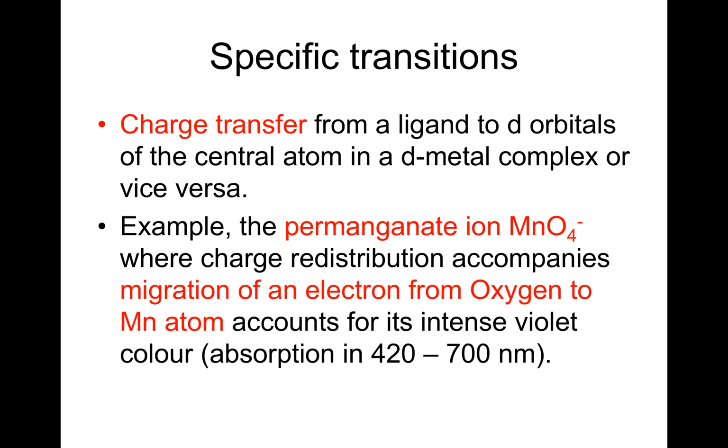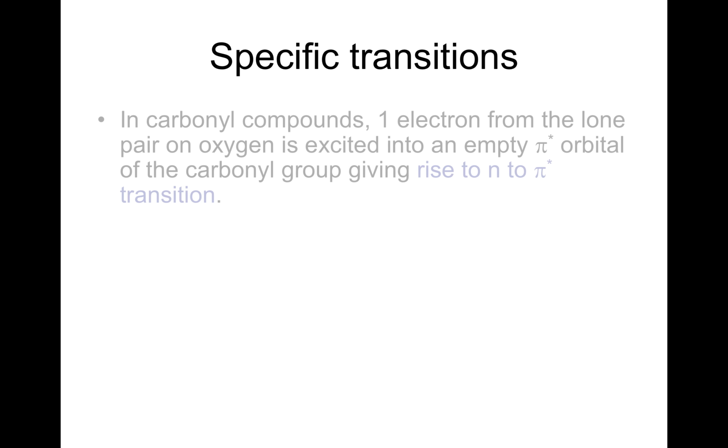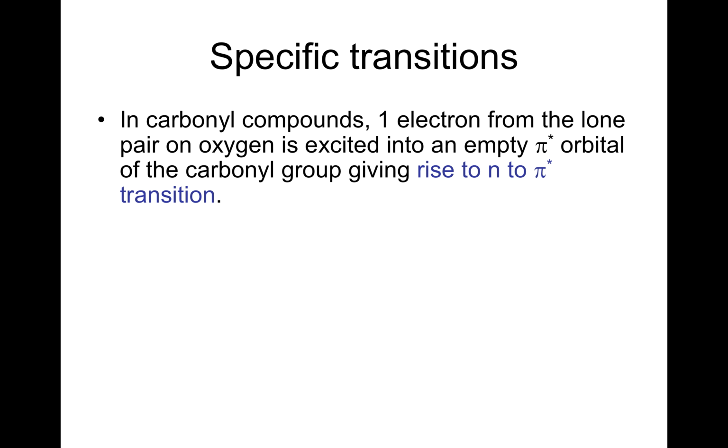Absorption is in the 420 to 700 nanometer range. Specific transitions: in the carbonyl compound, one electron from the lone pair on oxygen is excited into an empty pi star orbital of the carbonyl group, giving rise to an n to pi star transition.